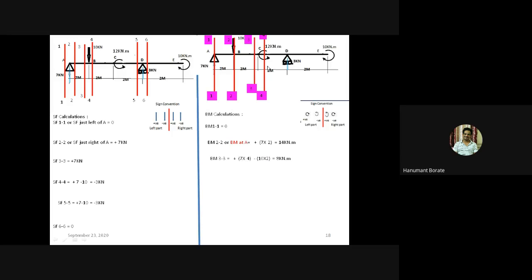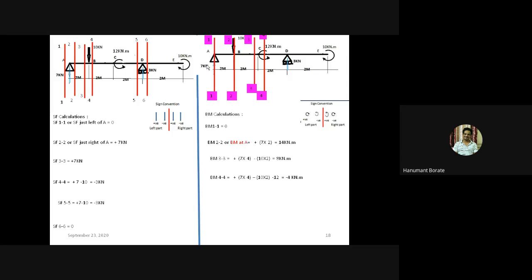Now section 4, just to the right of the concentrated moment. Now we'll see the calculation. Just write this at section 4. If we consider the left part, there are two forces, 7 kilonewton, 10 kilonewton, and there is a 12 kilonewton meter concentrated moment also there when we consider section 4.